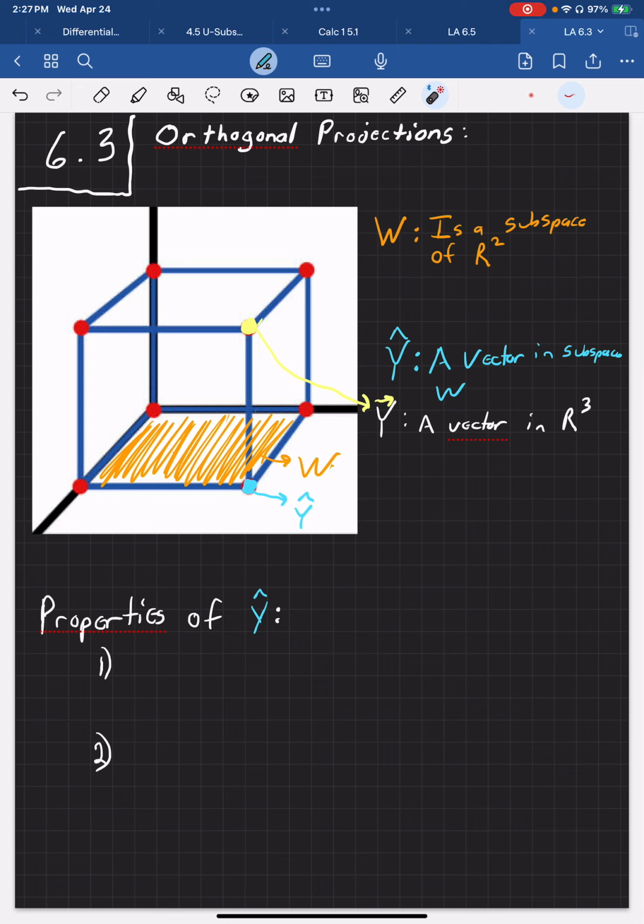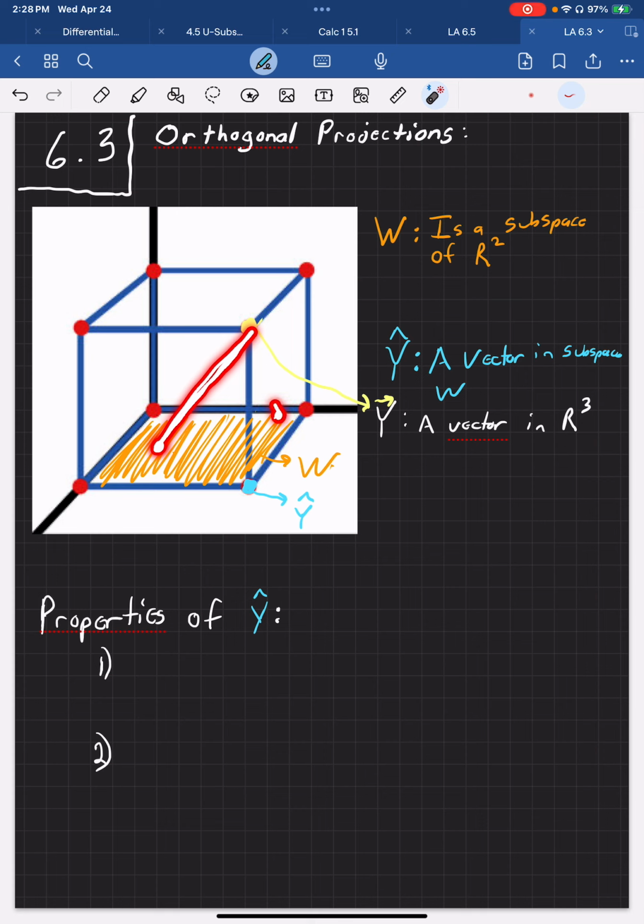In other words, let me see if I can give you some. You and I would agree that what I'm highlighting right now is a vector in the subspace W, but that is not orthogonal to this vector y, right?